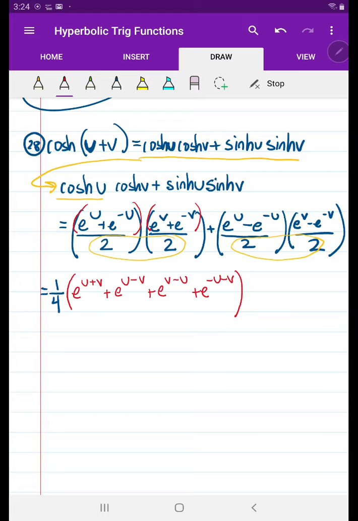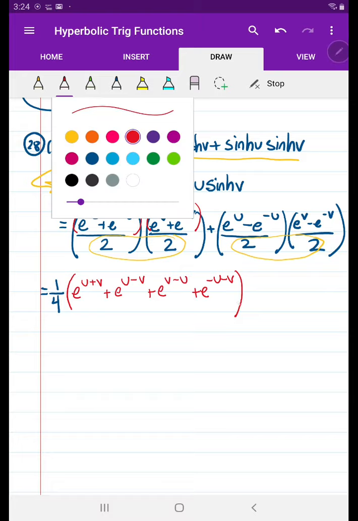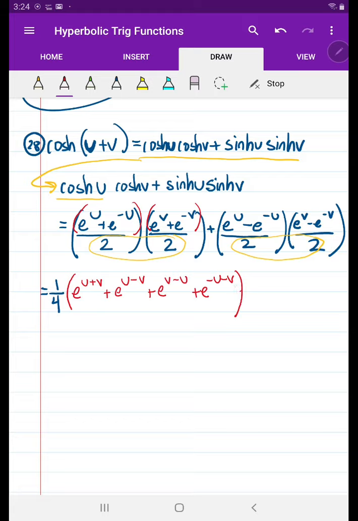And then, I have a plus sign in the middle, so I don't have to stop with this set of parentheses. I could keep going. Let's erase that. And I'm going to FOIL these next ones in the same manner. It's going to take up a lot of space, so I'll just move down to the next line. So I'll have a plus sign. And then my first, I'm going to do e to the u and e to the v. So again, I'll have e to the u plus v.